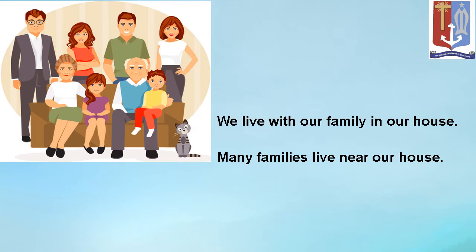So many families live near our house. So you're not living in isolation. You're not living alone. There are other people that live around you. They are our neighbors. So these families that stay around your house are your neighbors. So we all have neighbors.